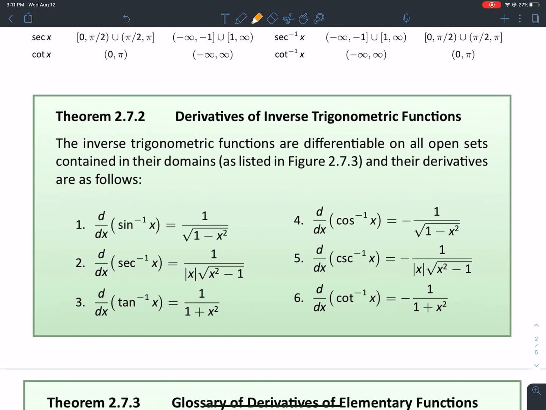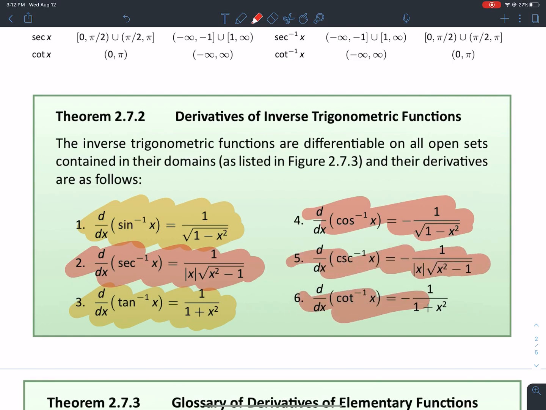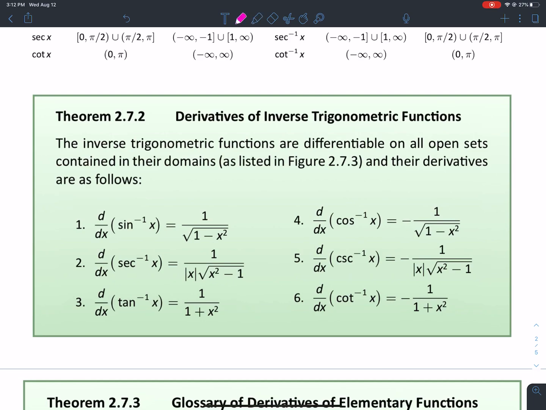Okay, we derived this one here. All right, we did, and then we derived this one here. You can derive all of the others in the same way that we derived the first two, or number 1 and number 3, okay? You set it up, so for example, if I was going to do the secant one, I would just say y equals the secant inverse of x, and then I secant both sides, so I have the secant of y equals x, right?